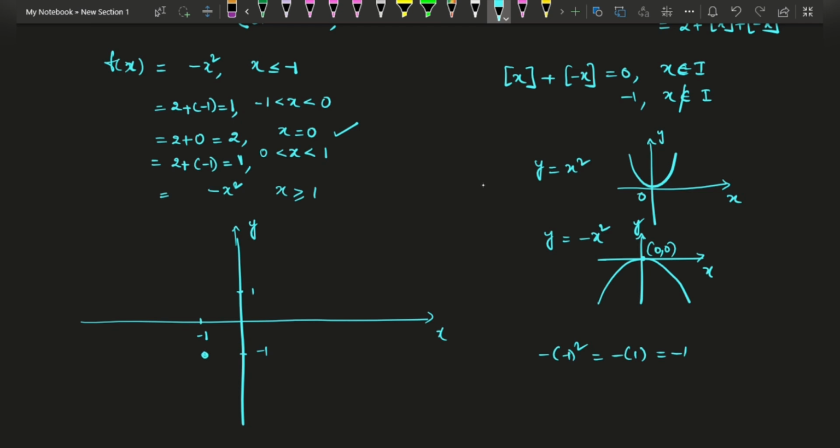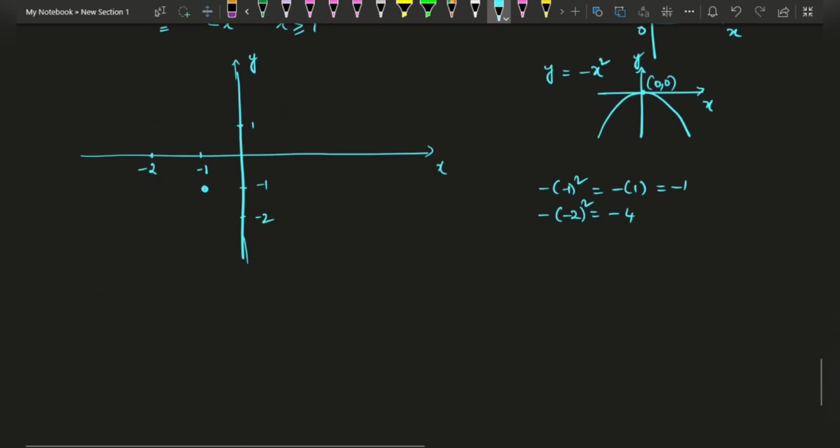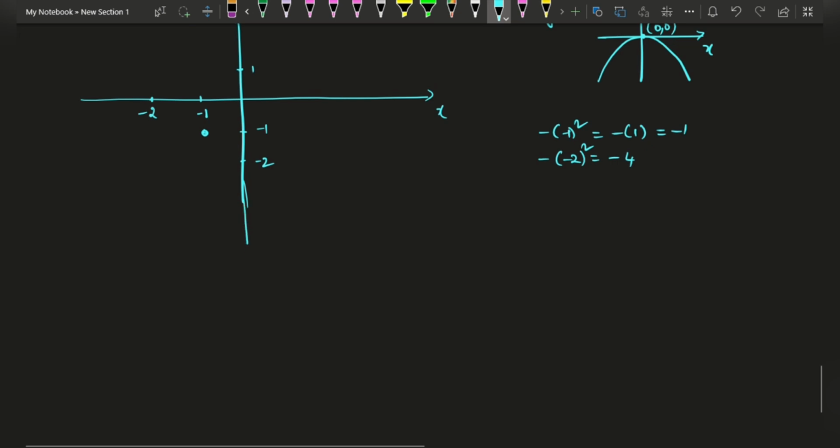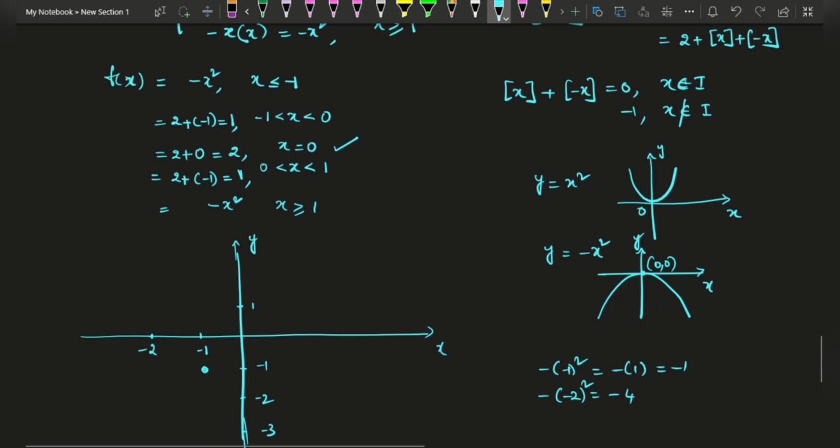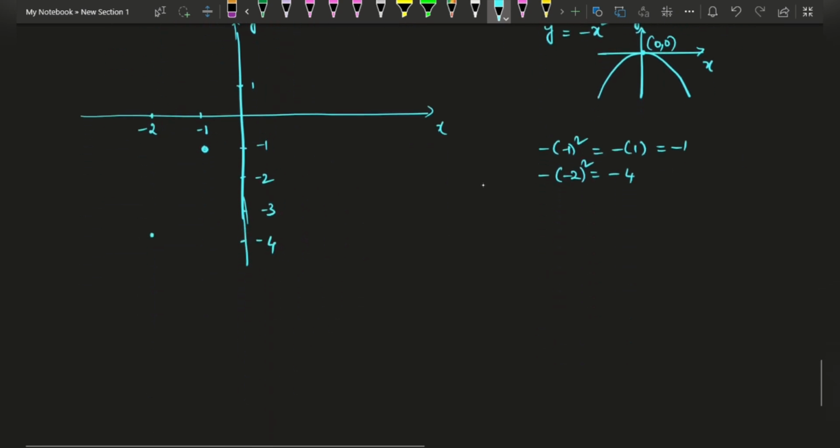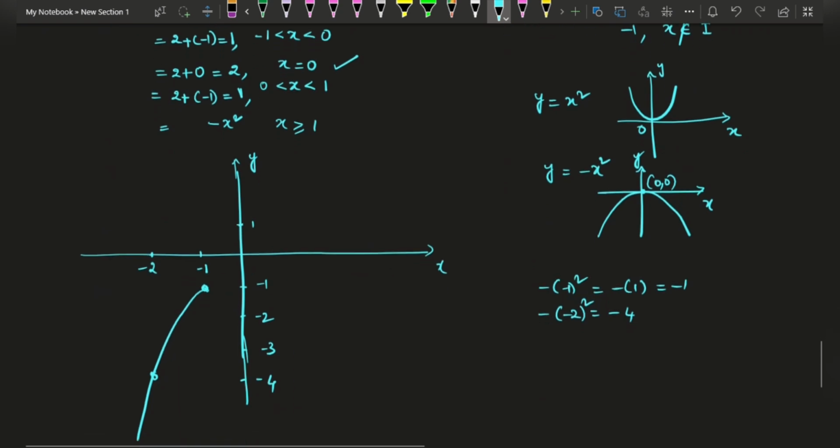Similarly, for x is equal to minus 2, minus of minus 2 whole square, obviously it is minus 4. Here it is a branch of a downward parabola, it looks like this. So this is the graph of minus x square, whenever x is less than or equal to minus 1.